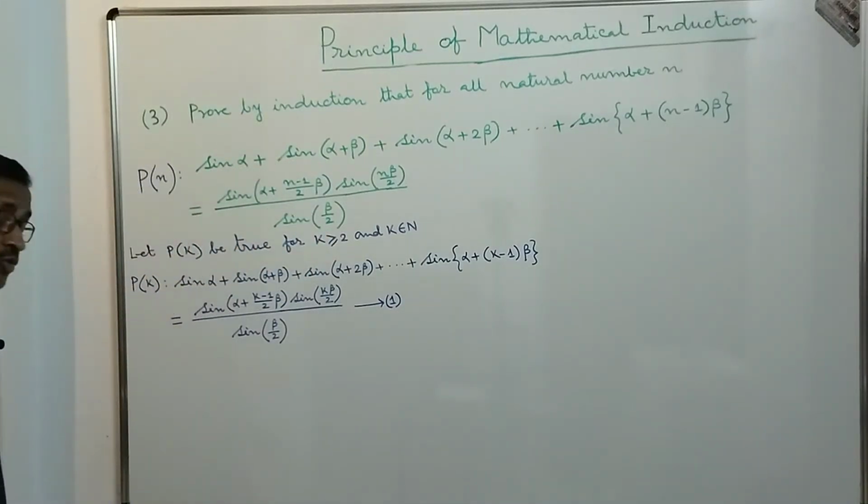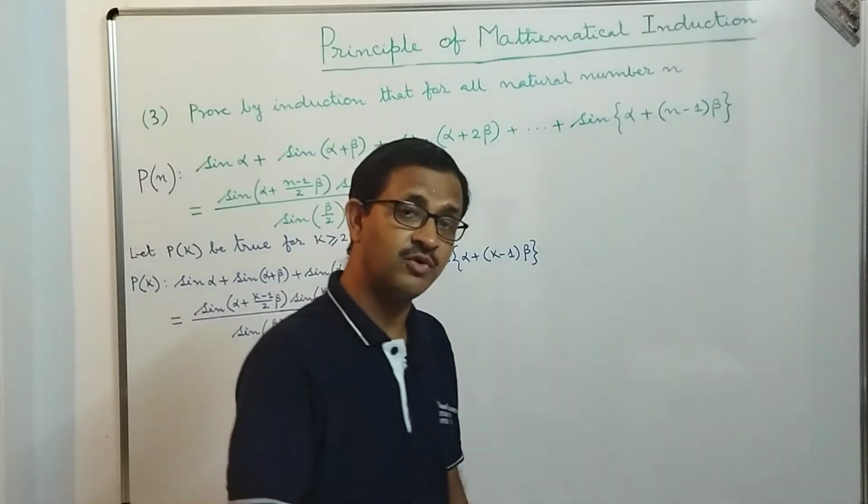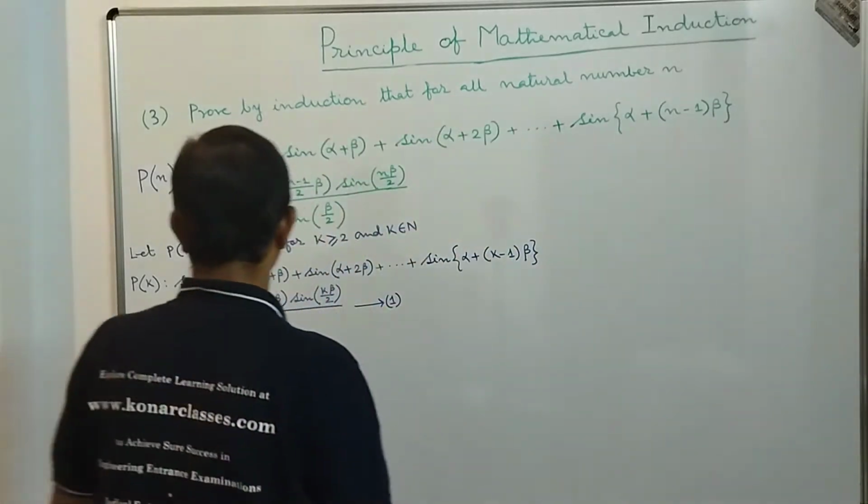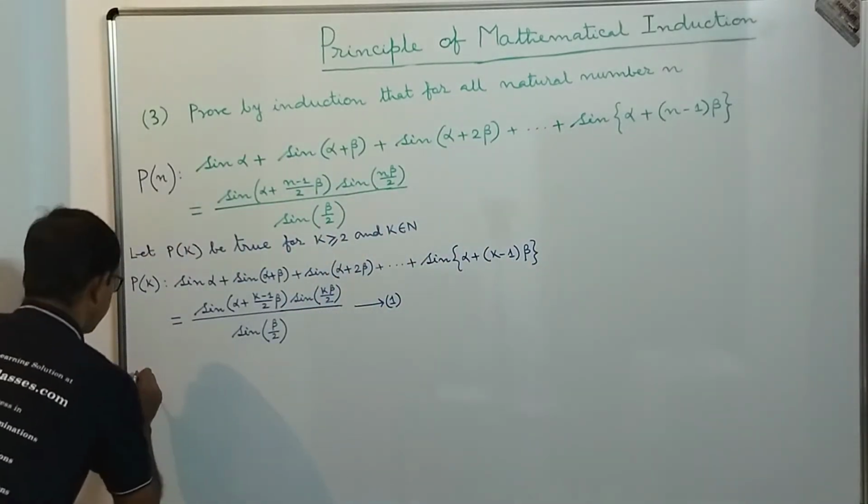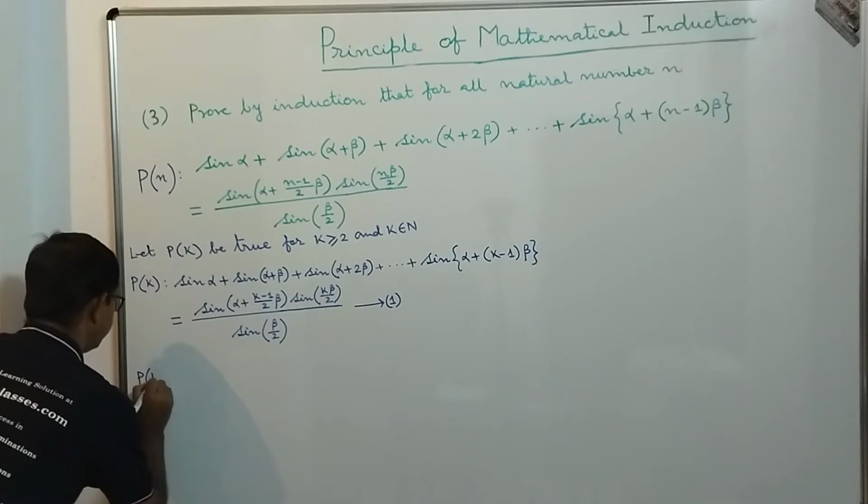Now what do we need to prove? We need to prove that Pk plus 1 is true. For that, what is Pk plus 1? Let us write Pk plus 1.